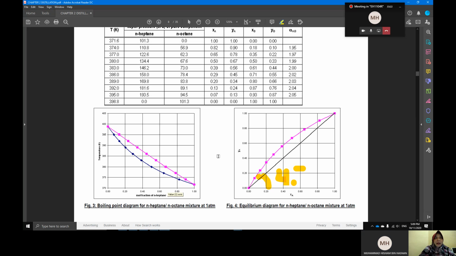Sebab dah cakap tadi. You know XA, you should know XB. You know YA, you should know YB. So, kenapa nak sibuk-sibuk dua-dua nak tahu? Over data. Data yang berlebihan. Tak guna. So, kita cukup-cukuplah data kita tu. Okay?